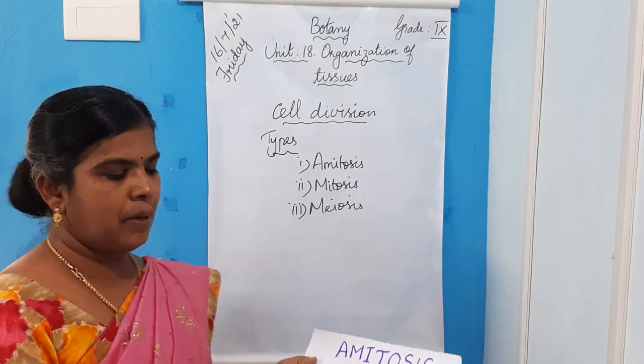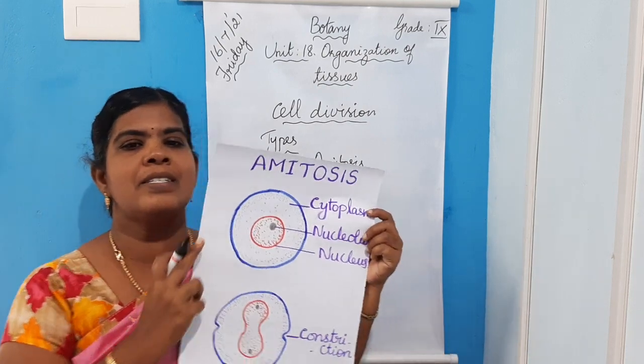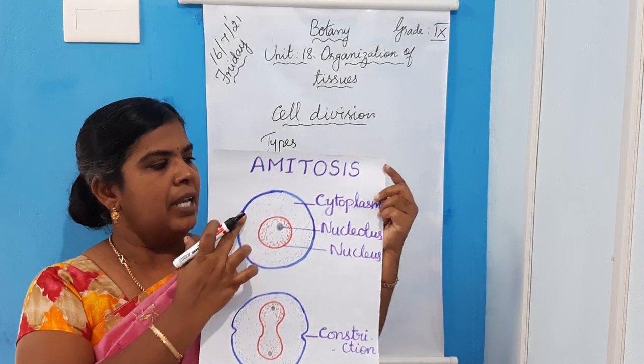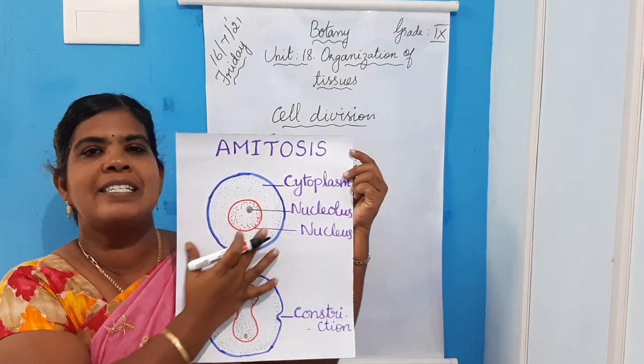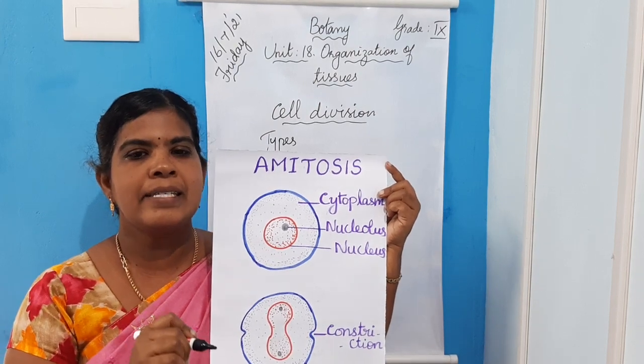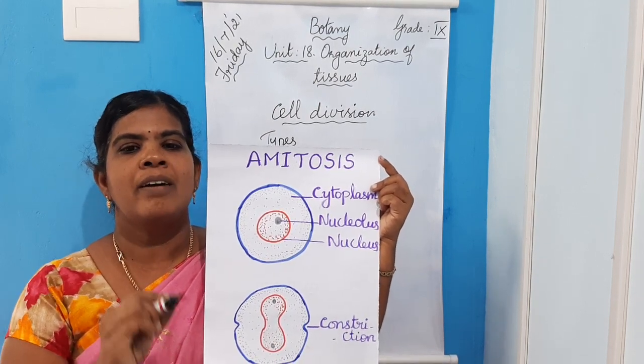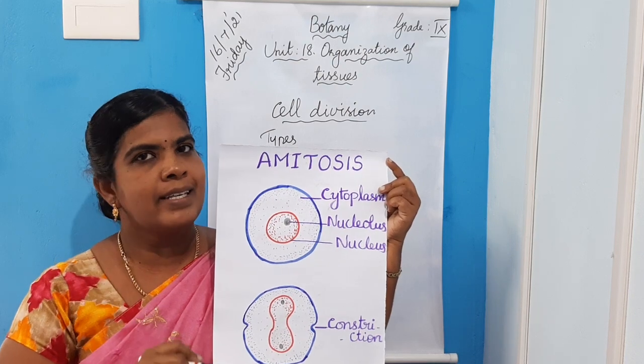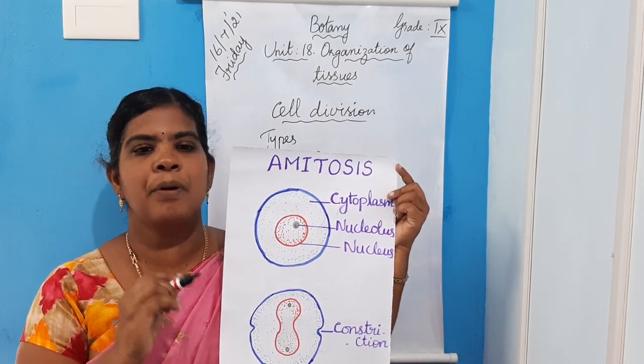First one is amitosis. It is the simplest type of cell division. This type of cell division occurs in unicellular organisms, aging cells and also fetal membranes.